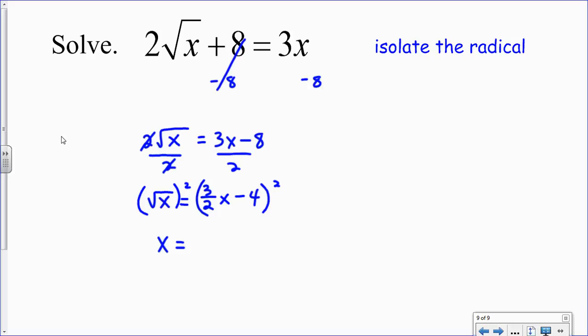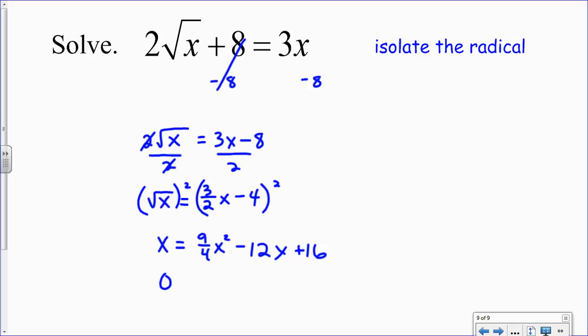I have this binomial squared. So 3 over 2 squared is 9 over 4 x squared. All right, 2ab. So 4 times 3 halves is 6, negative 6 times 2 is negative 12. And then you square your 4, that's 16. You can write it twice and FOIL, you'll get the same thing.